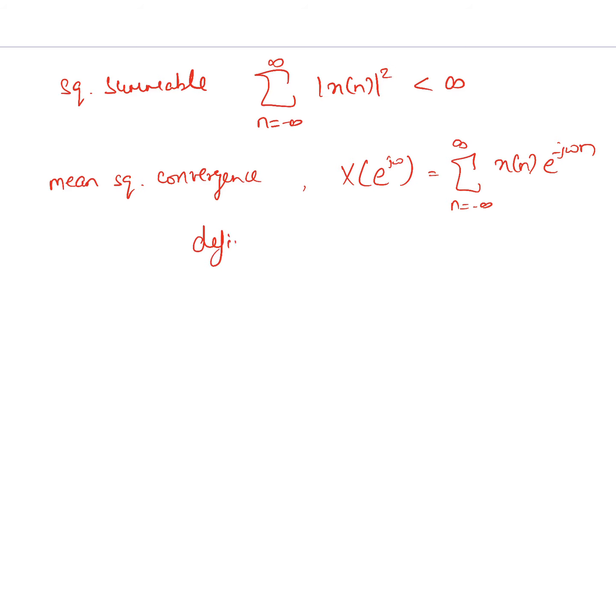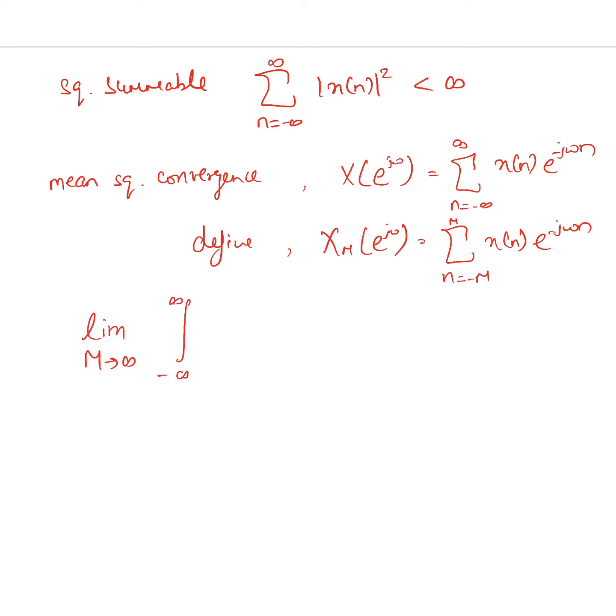Now we shall define X_M of e to the power j omega, where n is varying from minus M to M. So mean square convergence follows that we are interested in this formula.